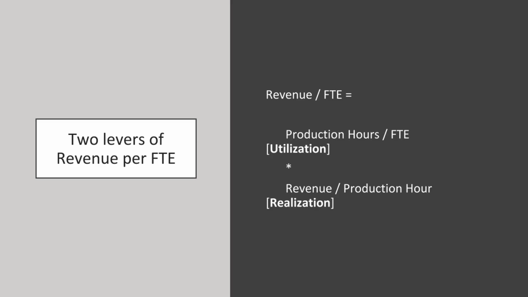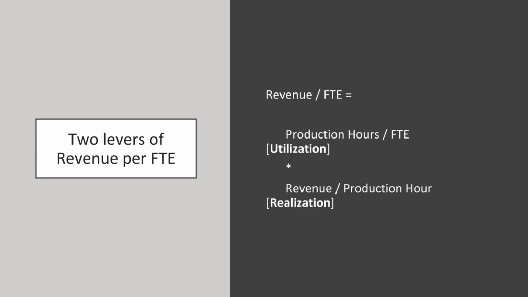So now that I've got this on the screen, when you look at it, the star symbol there is a multiplication symbol. What I'm saying is this is actually a mathematical relationship, it's not just an intuitive or qualitative thought process.